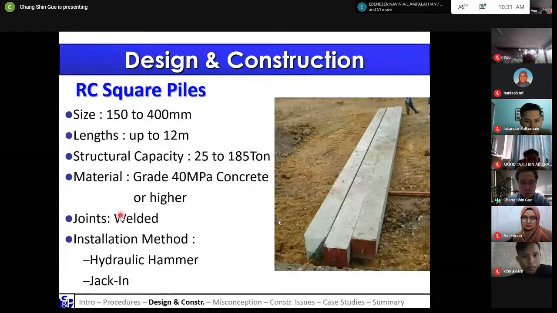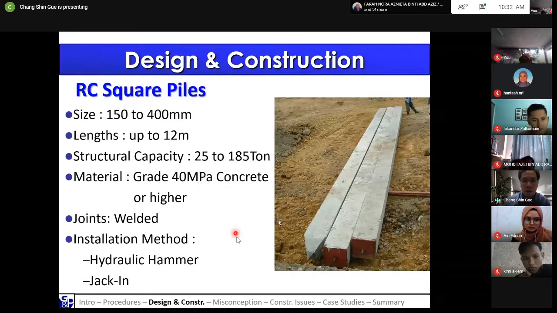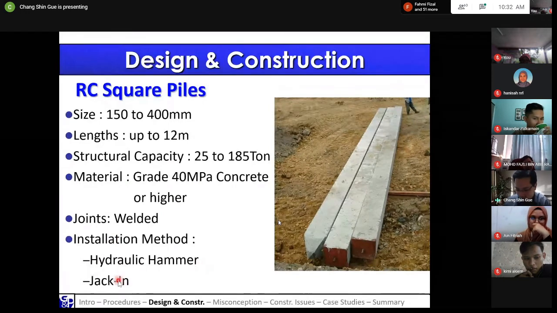If you want to join them, it's through welding, and the capacity typically can be up to 185 tons. Concrete grade is usually 40, sometimes higher. To install such piles, the installation method is typically a hydraulic hammer, which is driven, or chuck in. I'll show you what chuck in means later on.